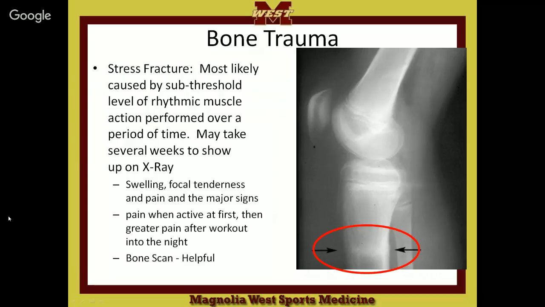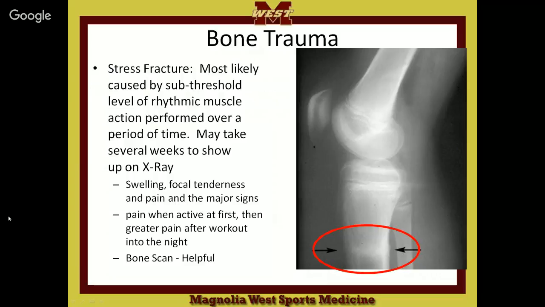Okay. Well, we got a stress fracture, most likely caused by subthreshold level of rhythmic muscle action performed over a long period of time. Could take several weeks to show up on an X-ray. So it's starting to hurt, and you go and get an X-ray. They say, "Oh, there's nothing there. You're okay. Back off." But you don't back off because they said there's nothing there. So you keep doing what you're doing.